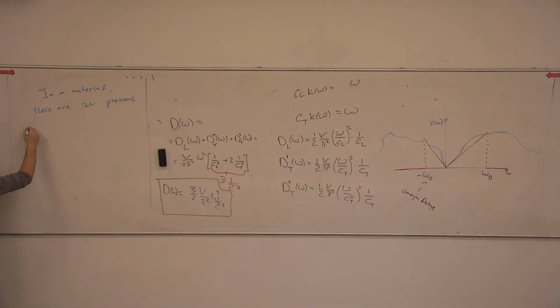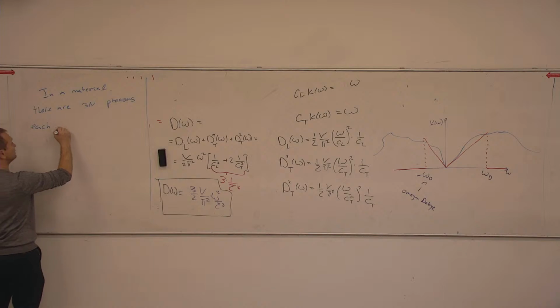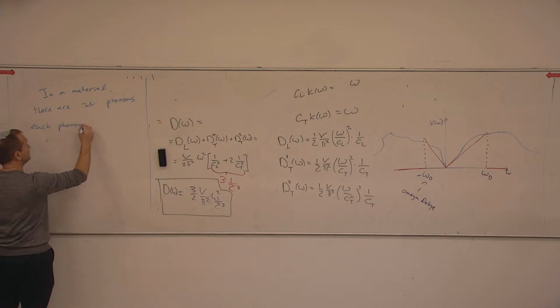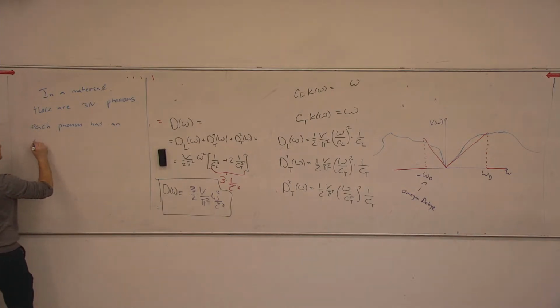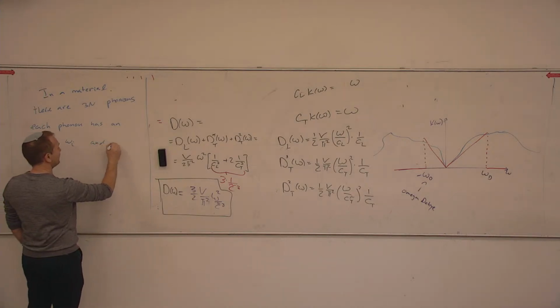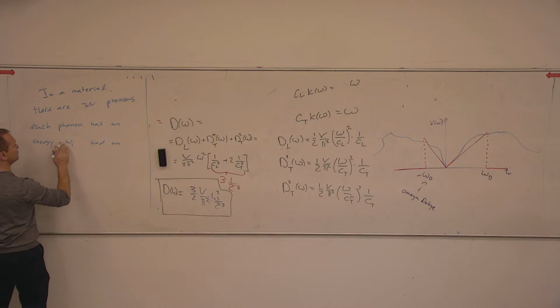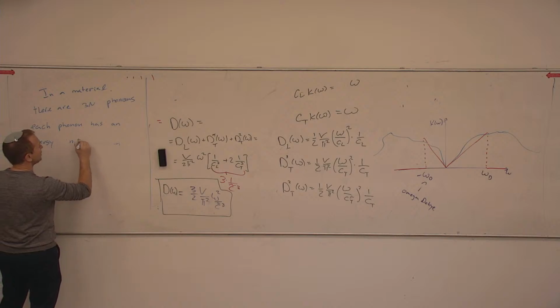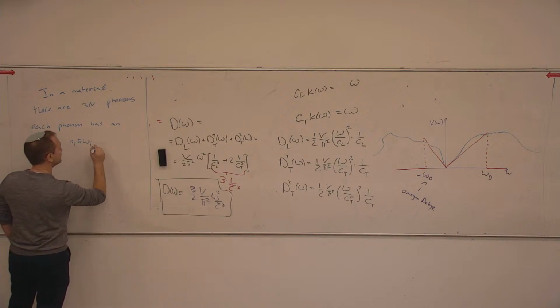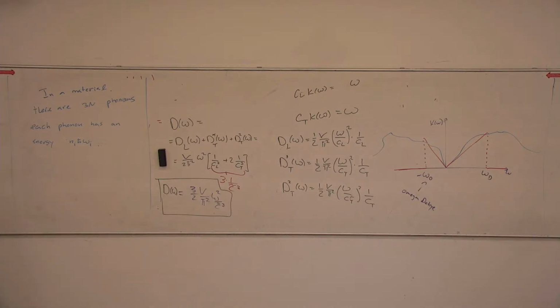Each phonon has an energy, omega_i, and has energy N_i h bar omega_i, and that's it.